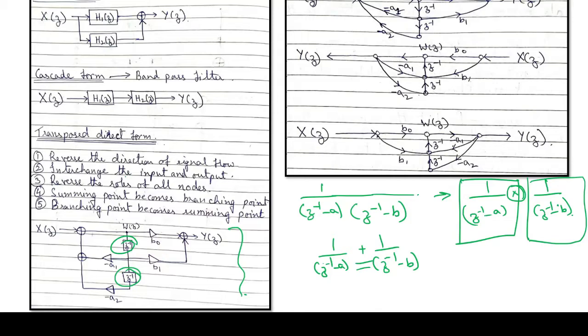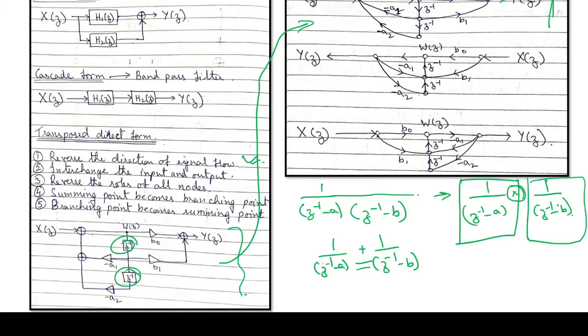So what is the second thing? First thing, in the first step, what you need to do, we need to reverse the direction of the signal flow. So this is the original signal flow which we have drawn from the previous one. These are the same. Now the first step, what we have done, we have reversed the direction.